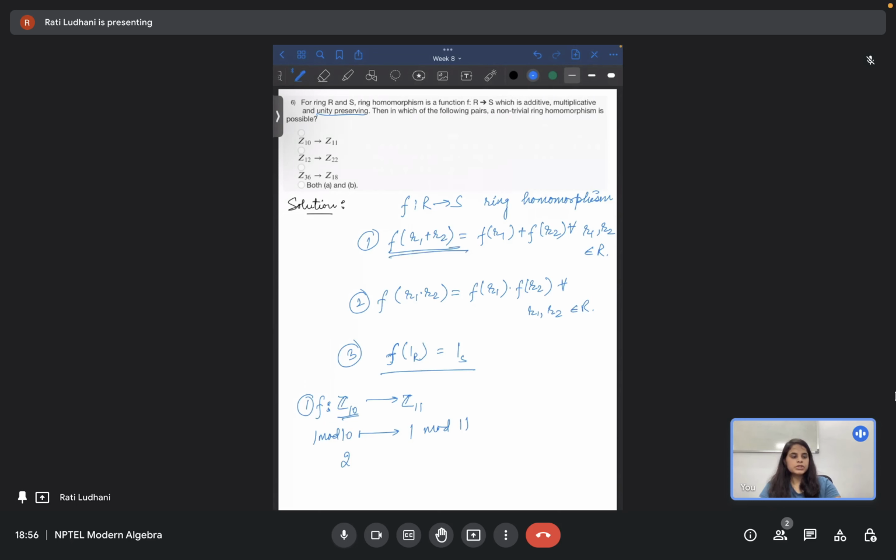That means 1 plus 1 should map to 1 plus 1, so 2 bar should map to 2 bar. Similarly, if you see 10 bar in Z10, it is equal to 0. So 0 should map to 0, but where it is mapping, it should be 10 bar, and that is as it is in Z11. So 10 bar is not 0. So if you check from the properties, if you take R1 and R2 to be 0, then it is clear that f(0) should map to 0.